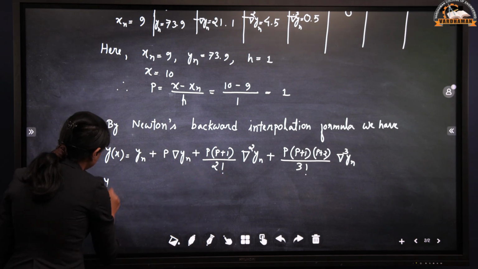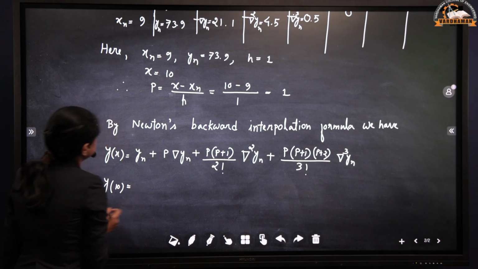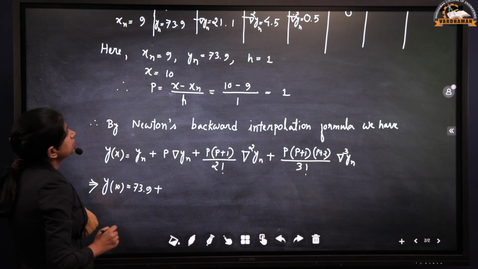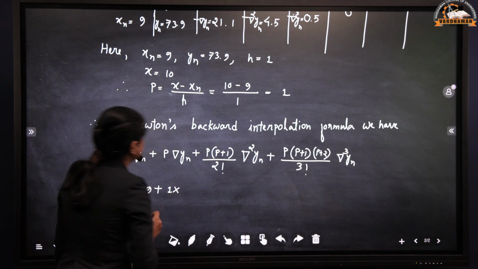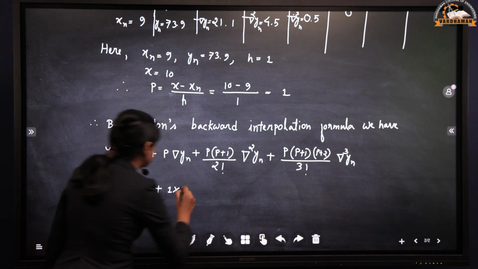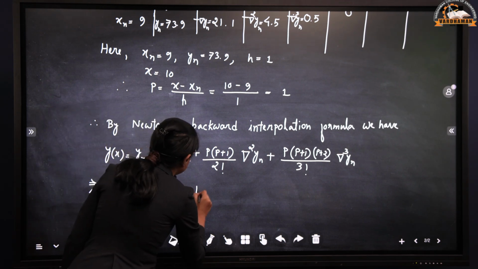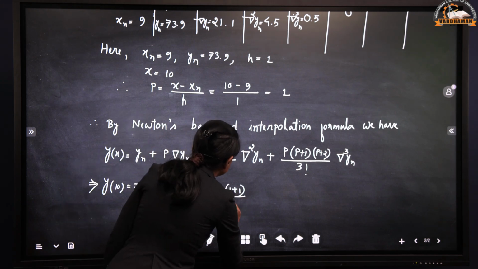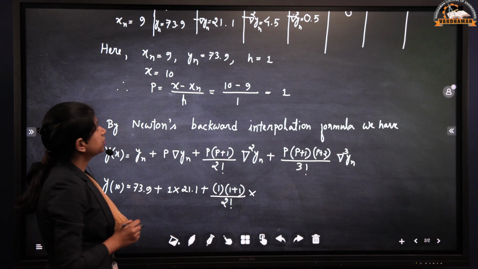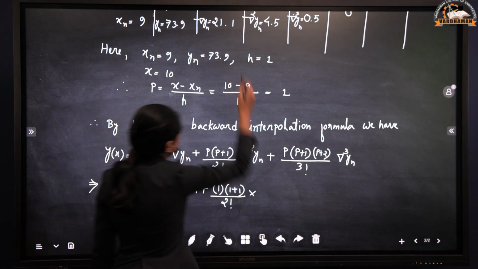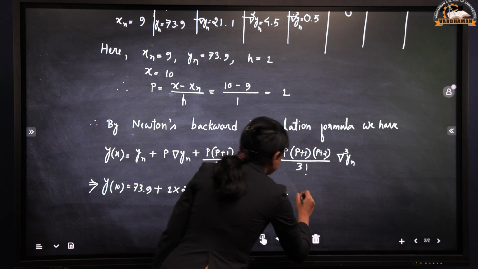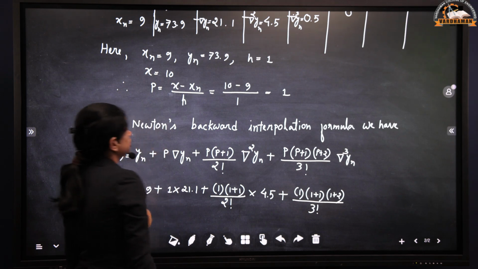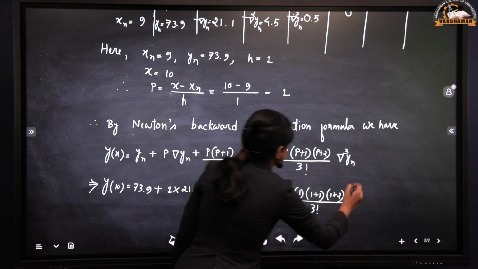So we will get y10 is equal to yn is 73.9 plus what is p? P is 1 into first backward difference, that is 21.1 plus 1 into 1 plus 1 by 2 factorial into second backward difference on yn, that is 4.5 plus p is 1, 1 plus 1, 1 plus 2 by 3 factorial and third backward difference is 0.5.